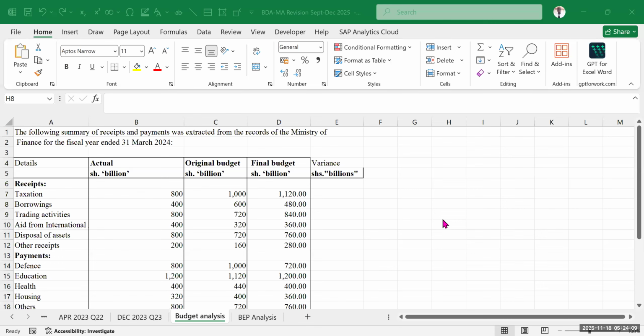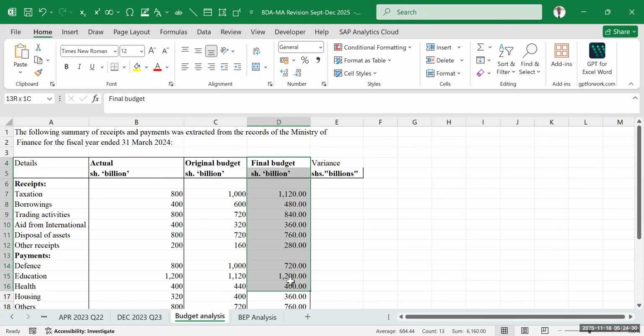and agree that whenever we want to look at the variance, budget variance, we need to compare that final budget with the actual figures so that we get to find the variance. Remember, this should be the reference point. Under ideal situation, these are the expenses that we need to incur.